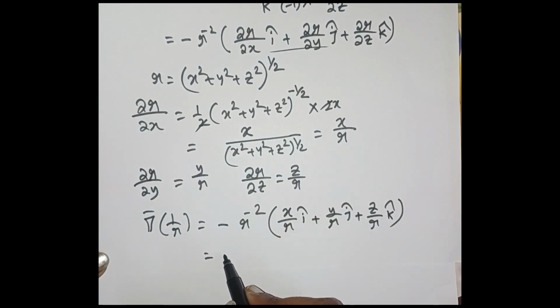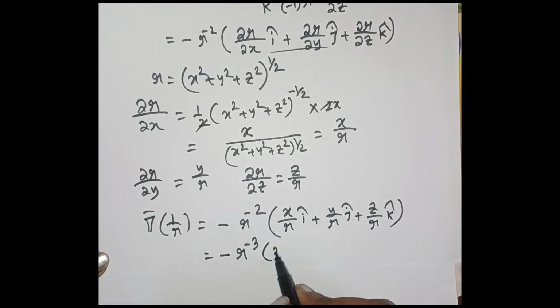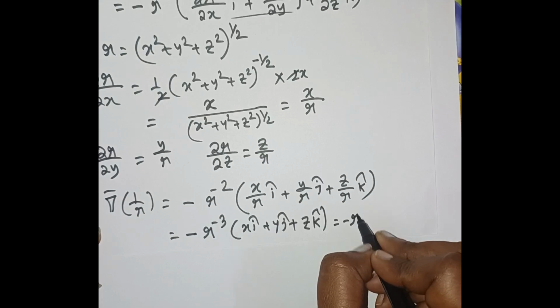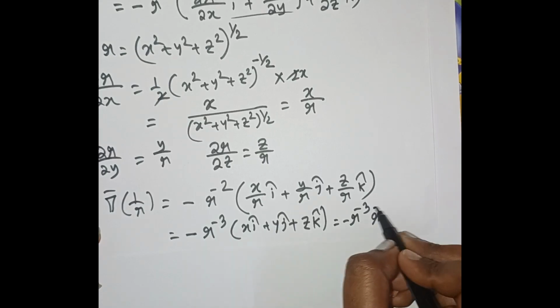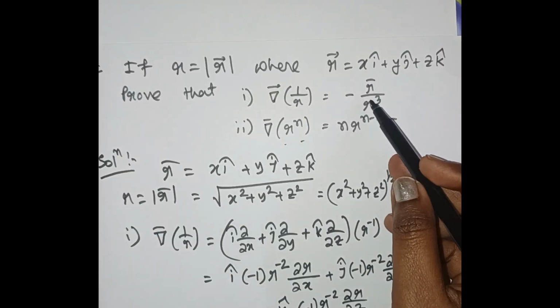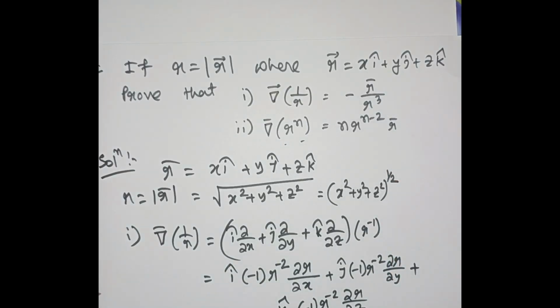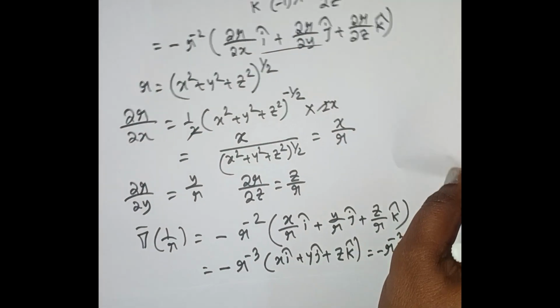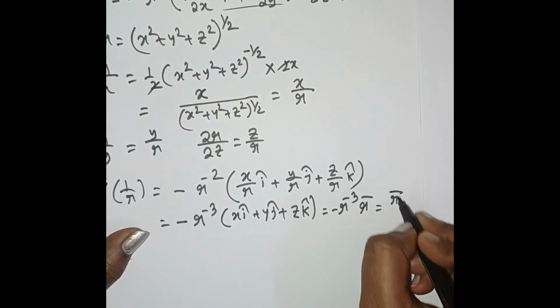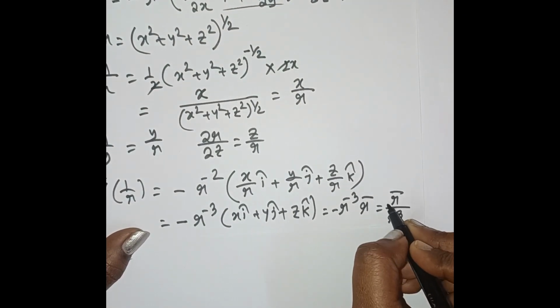That is minus r power minus 3 with xi plus yj plus zk, minus r power minus 3 r vector. That is, we have to prove, minus r vector by r cube, or you can write r power minus 3. So that is minus r vector by r cube.